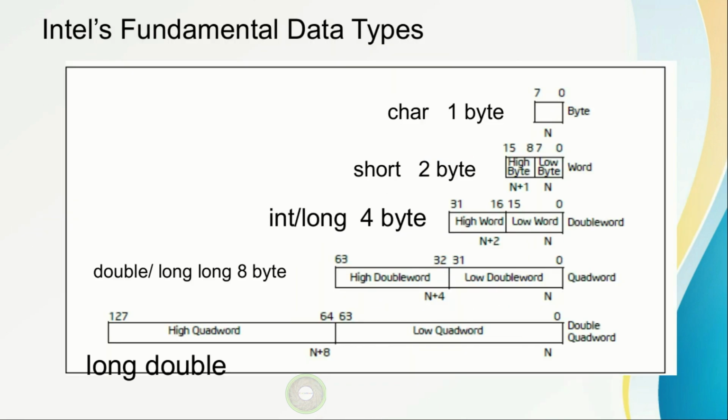Alright, so we discussed Intel. When I first learned computer programming, we used to study this, but not nowadays, but I'm going to go through this. When the first 8-bit computer came into existence, Intel used to put this char, meaning car, 1 byte. So 8 bits is 1 byte. They used to call it byte, so 8 bits.